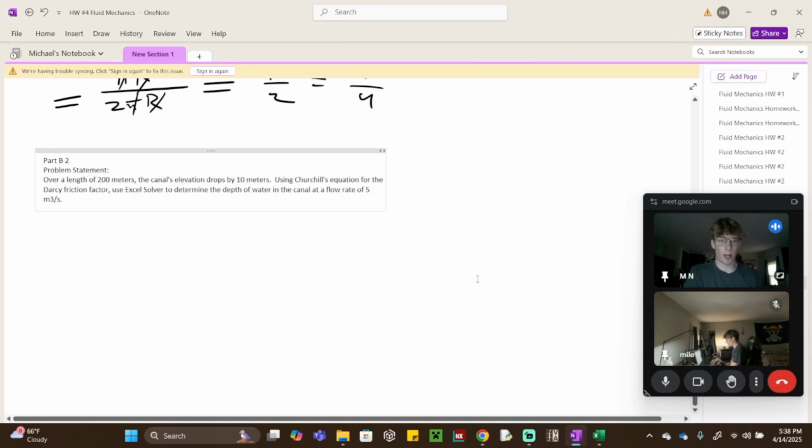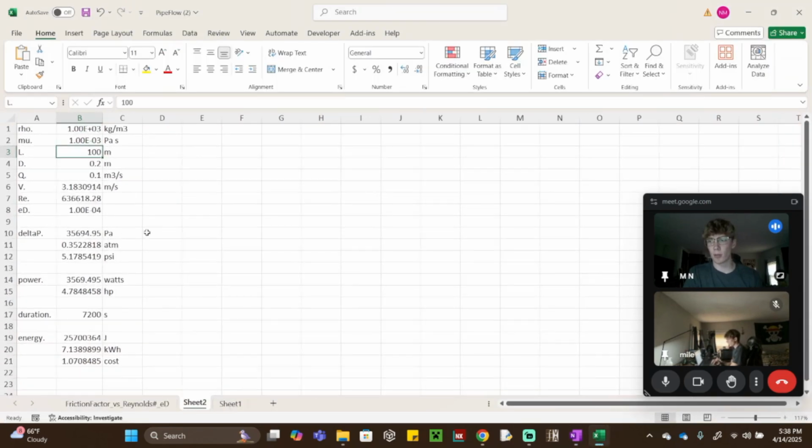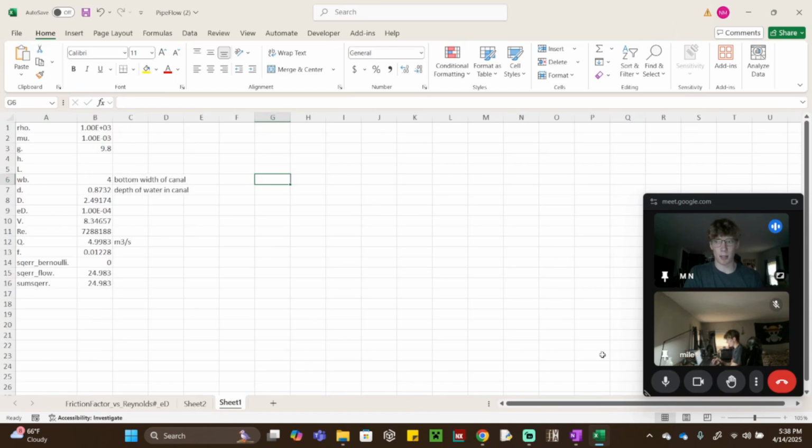For this part, I will be using an Excel sheet that we created in class, and I've also utilized it in a previous video in homework number 3 that used the Churchill equation to output a cost for various variables. But for this case, we're going to be using it to solve for a depth of our trapezoidal canal utilizing Excel Solver.